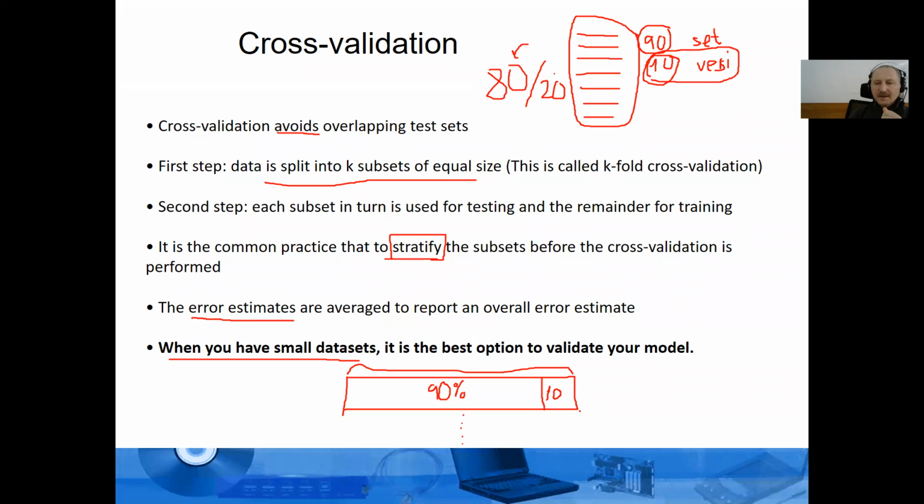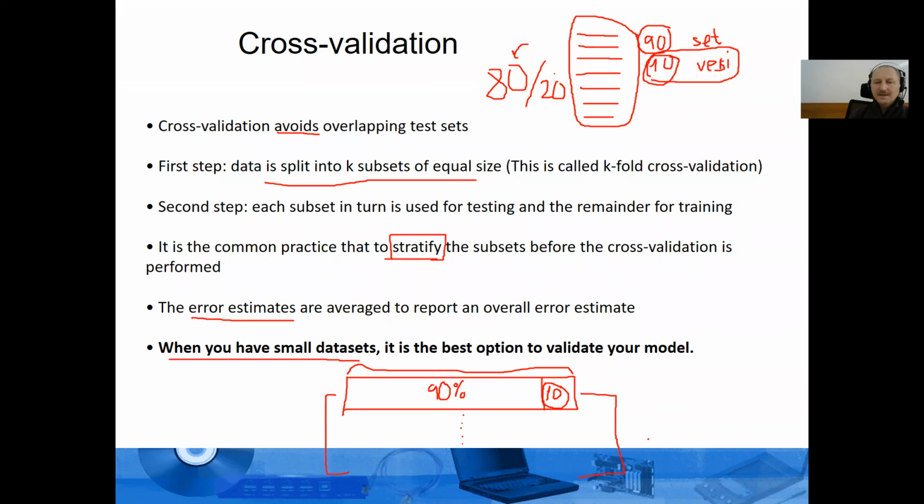That's why it is not a problem here to use a smaller amount of data for testing, because you are doing this test 10 times and getting the average. You'll get more reliable test results because of the repetition.